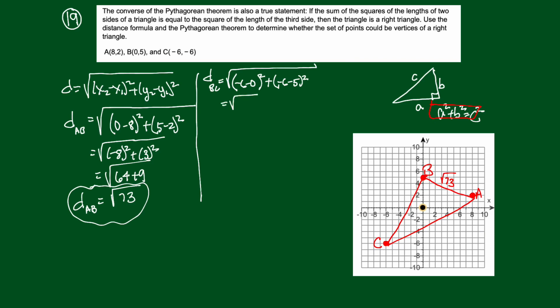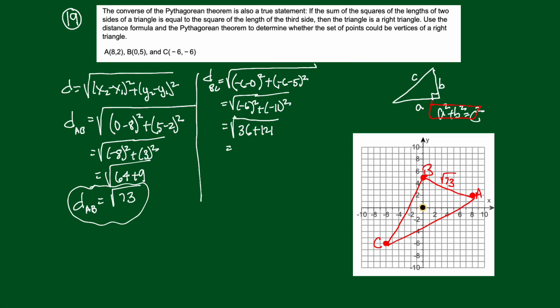This is going to be, now negative 6 minus 0 is just negative 6 squared plus negative 6 minus 5. I'm down 6. I lose 5 more. I'm down 11 squared. Negative 6 squared, negative 6 times negative 6 is 36 plus, now negative 11 times negative 11 is 121.